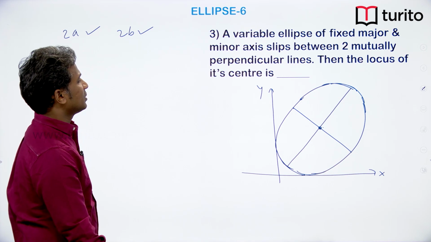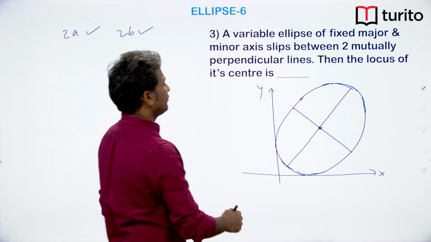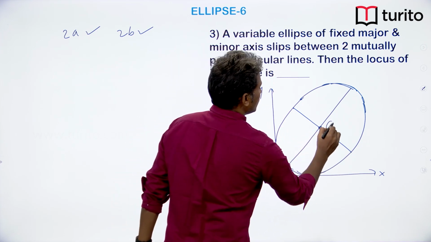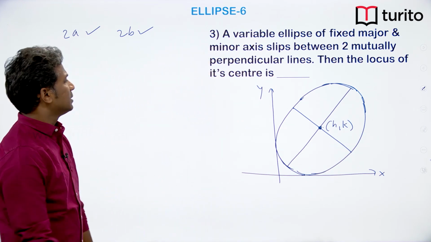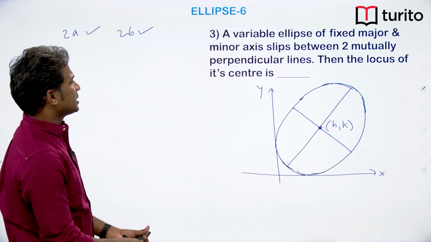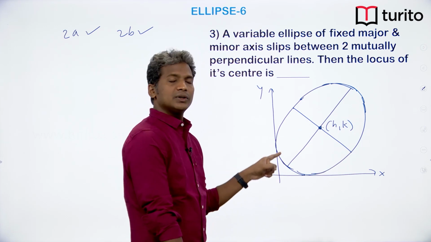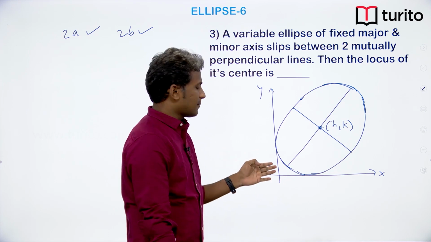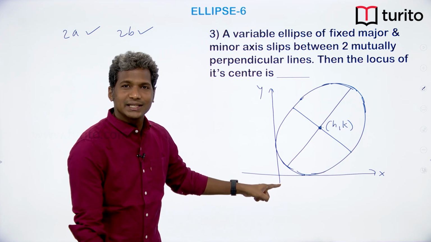So, how do we solve this problem? If we take this locus point as, let us say, h comma k, then the distance of this point from the origin must be equal to root of a square plus b square, because these two lines are perpendicular.